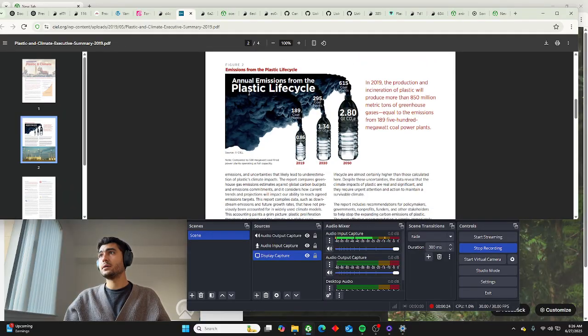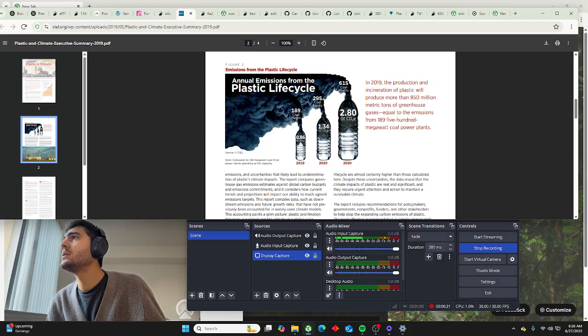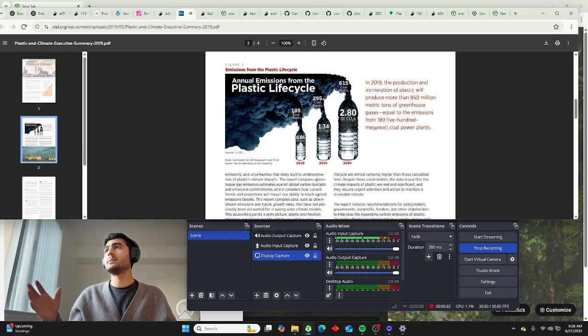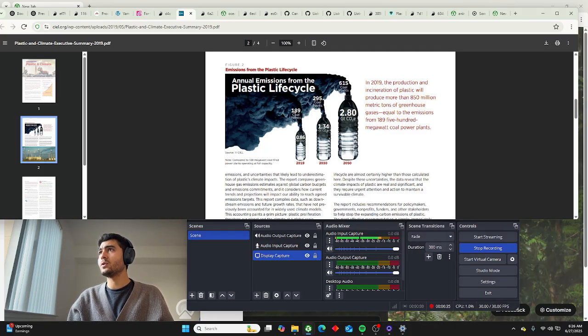Annual emissions from the plastic life cycle, 0.86, matching 189 coal plants in 2019, but this is growing, producing more than 850 million metric tons of greenhouse gases.